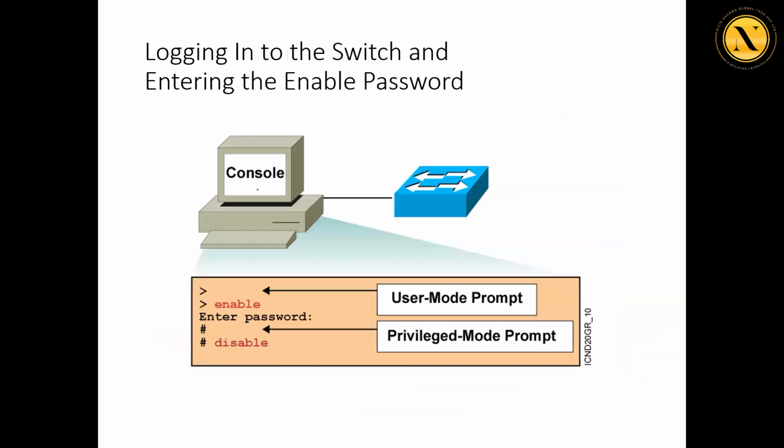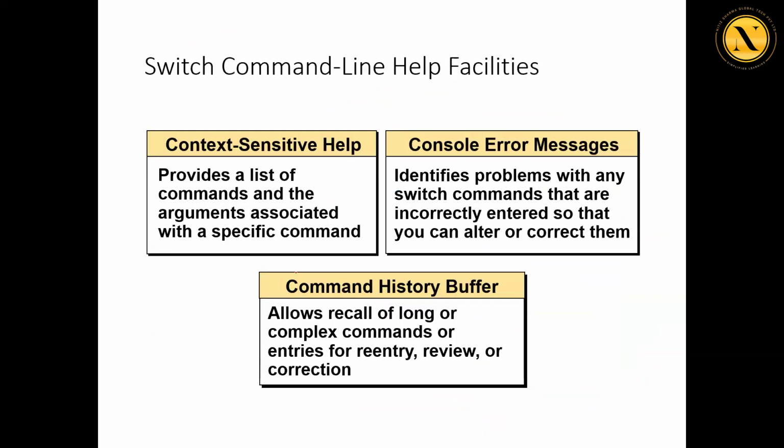Okay. Now we know the name of the switch is by default just Switch. In user mode, we give the command enable, you type the secret, CCNA, whatever, and then we come to the privilege mode, right? Disable, and again you will go back to the user mode. Okay. Context sensitive help is the question mark. If you don't know anything, just press a question mark. From A to Z, it will display a lot of commands and what each command does.